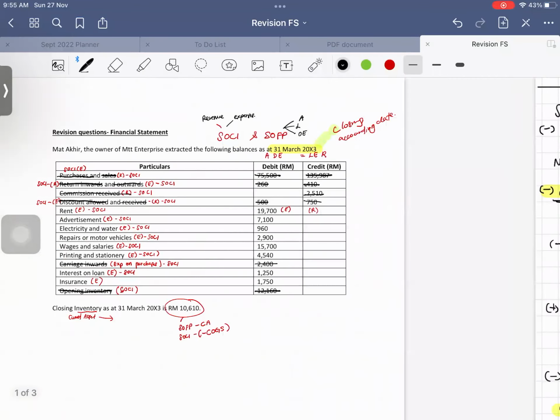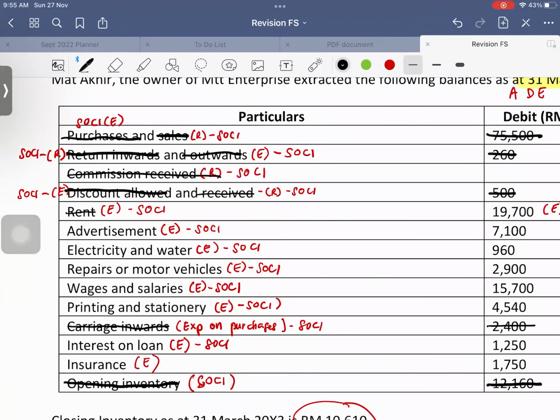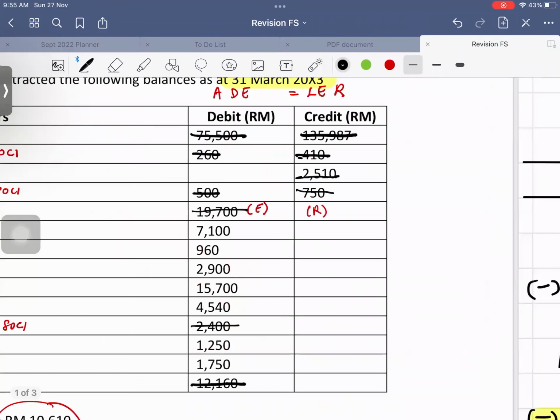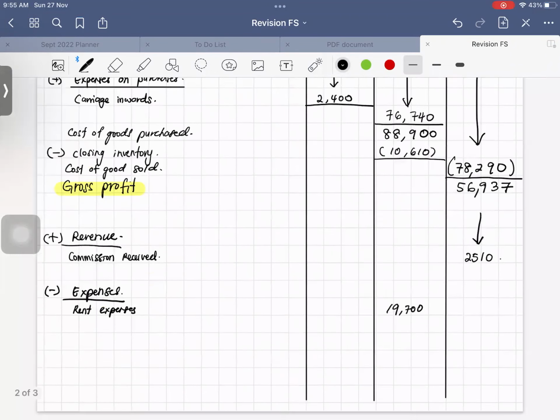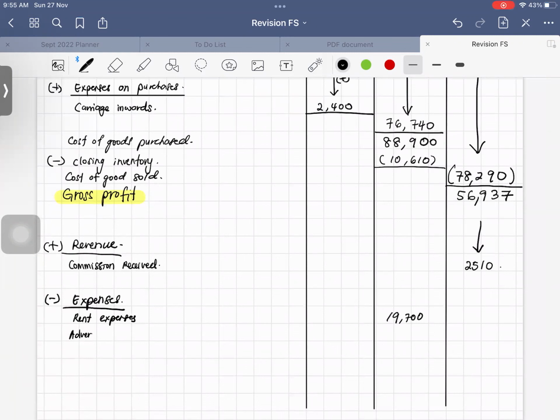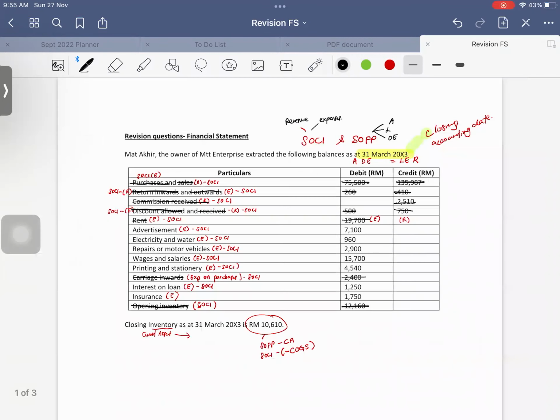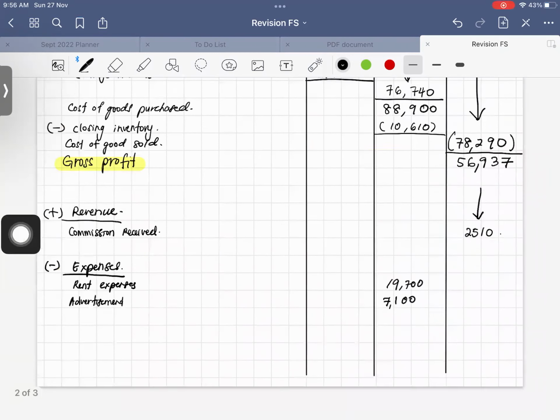And then after rent we have advertisement expenses 7,100. So tulis itu advertisement 7,100. Okay. And then we have electricity and water bills 960. If I'm too fast, slowkan I tau. Electricity and water 960. Okay. Electricity and water transfer here.